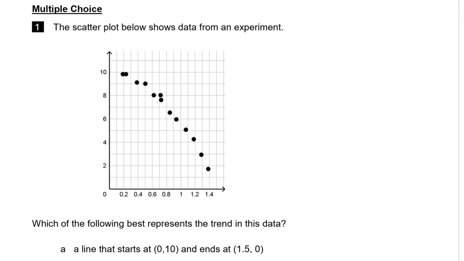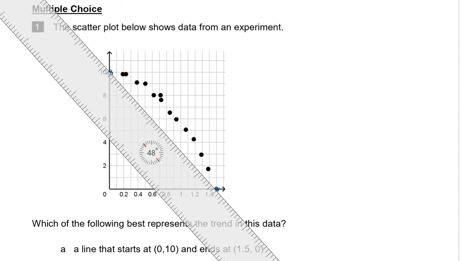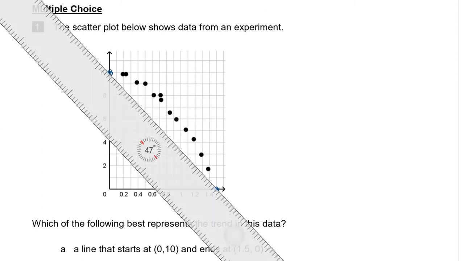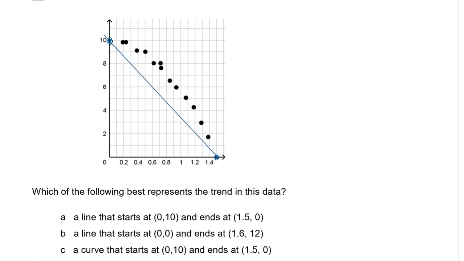So 0.10 is here, and 1.50 is 1.1, 1.2, 1.3, 1.4, 1.5 there. So a straight line that goes between those 2 points. Is that a good demonstration of the trend? I mean, it's definitely going down, but let's wait and see.